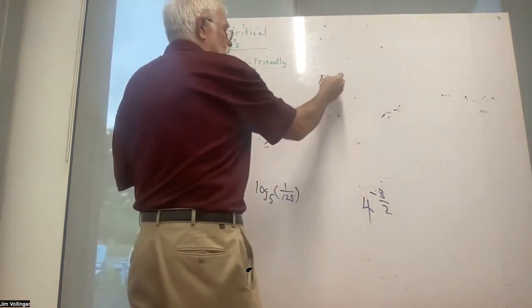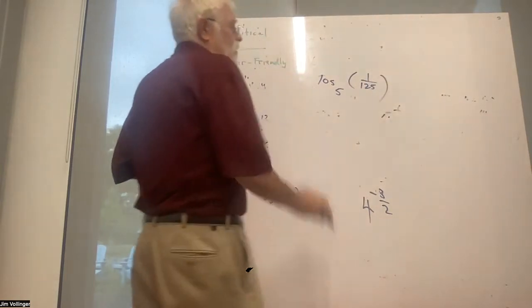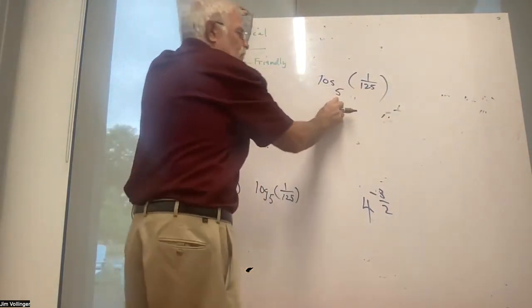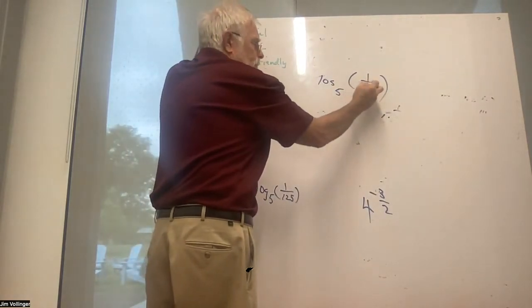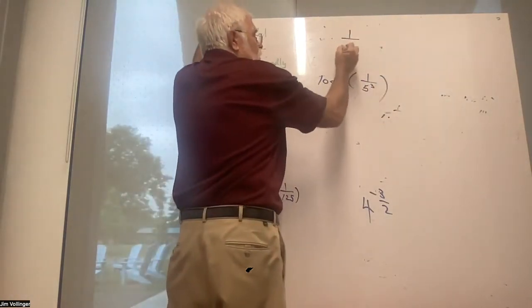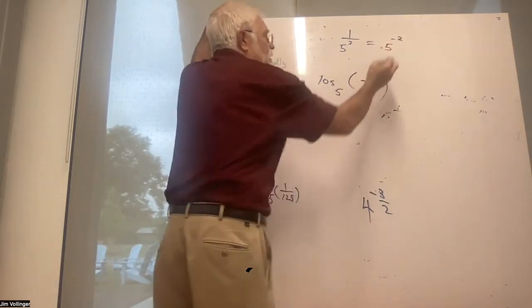So log base 5 of 1/125. Logarithms really are trying to express this quantity in base 5 notation. Well, 125 is 5 to the 3. I'm hoping that folks recognize that 1/5 to the 3 eventually is the same thing as 5 to the -3.